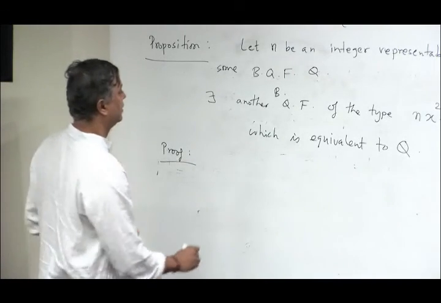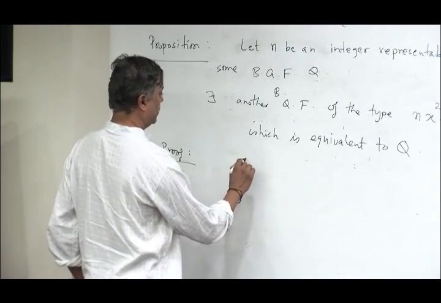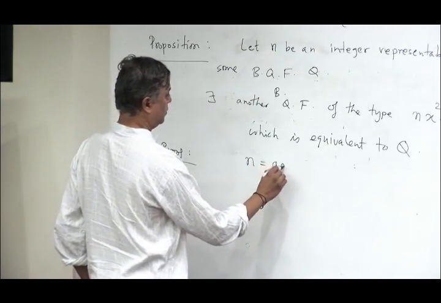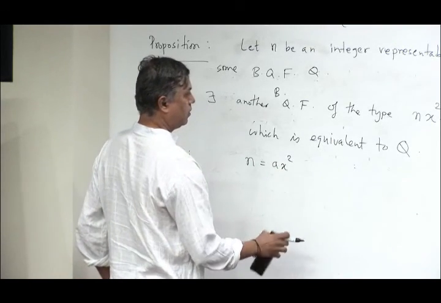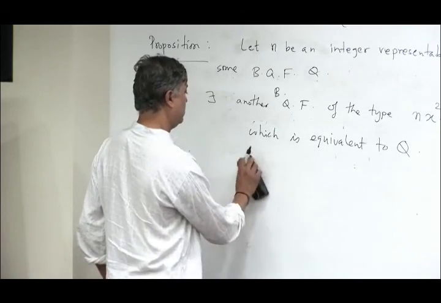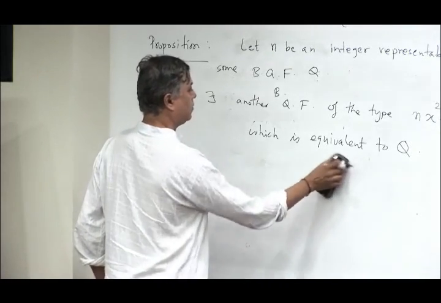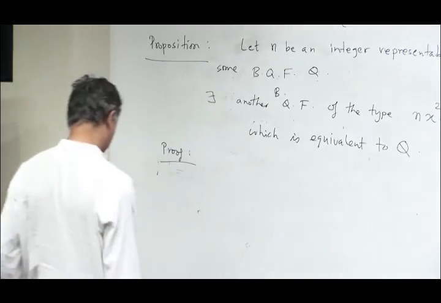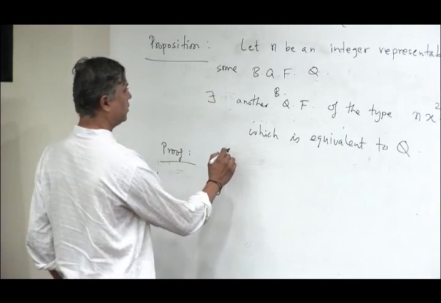Okay, what I want to say. So n is equal to ax². This is how I go.